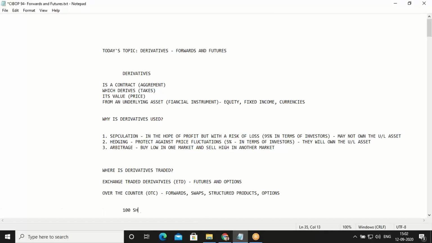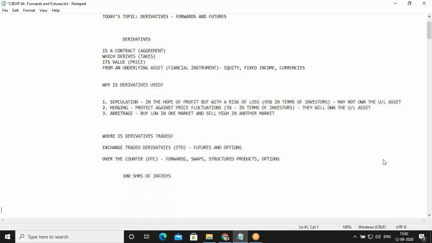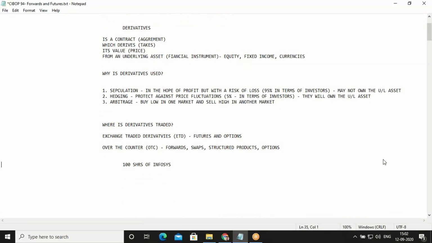Let's say you had 100 shares of Infosys. So we have the 100 shares of Infosys. I'm going to put this in a box. Now, this 100 shares of Infosys is the underlying asset, and a derivative, for example, let's say a futures contract.